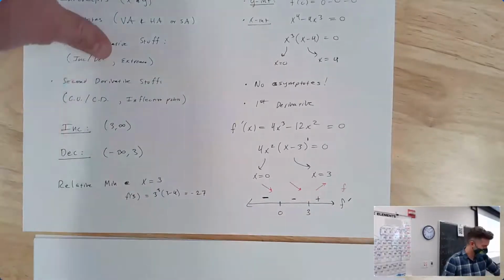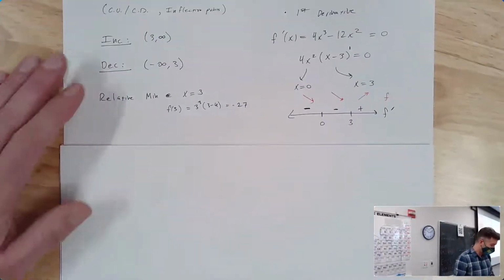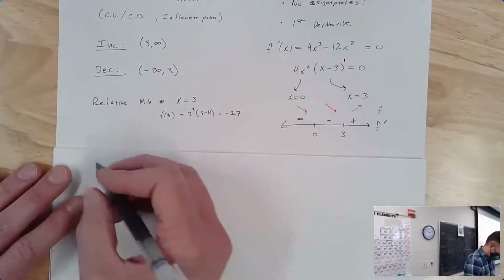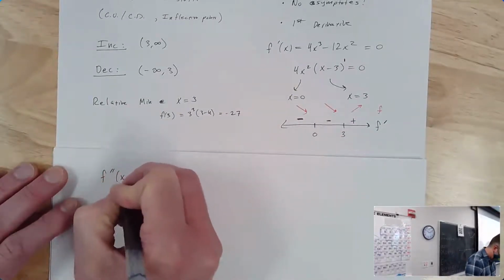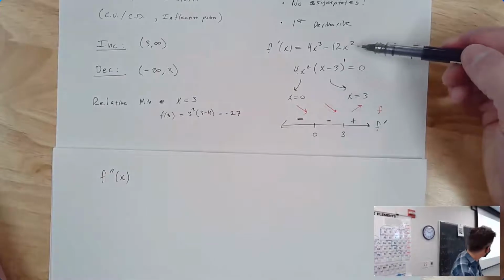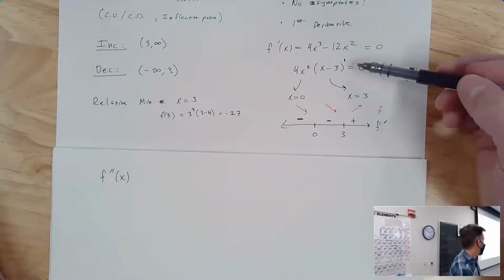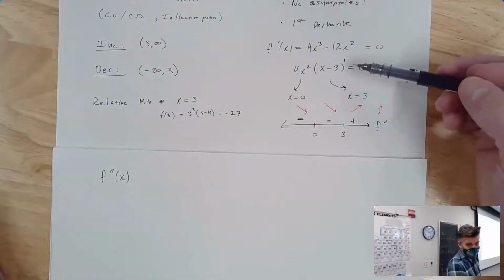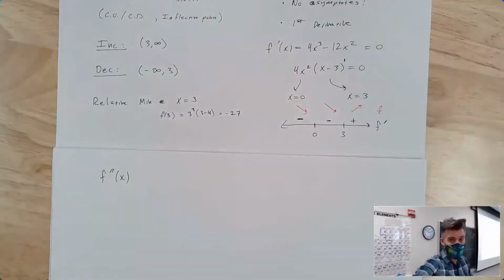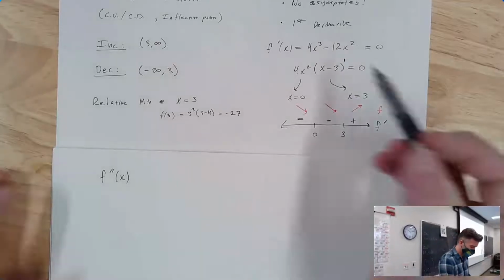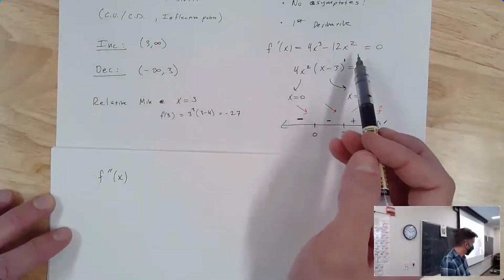Great. Now let's find the second derivative stuff. If you have the option, you can either take the derivative of 4x cubed minus 12x squared or the derivative of 4x squared times x minus 3. I don't want to use the product rule unless I really need to. I definitely don't need to use the product rule here. I'm going to use this version of the first derivative to take the second derivative.